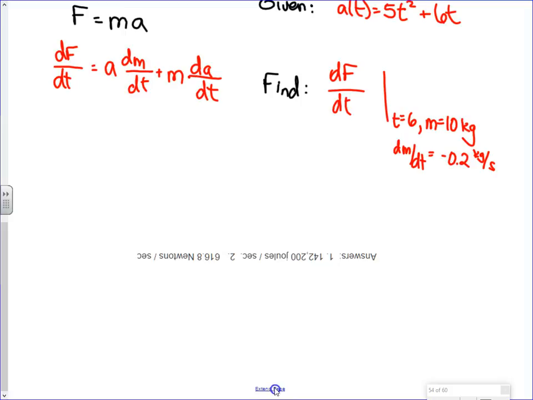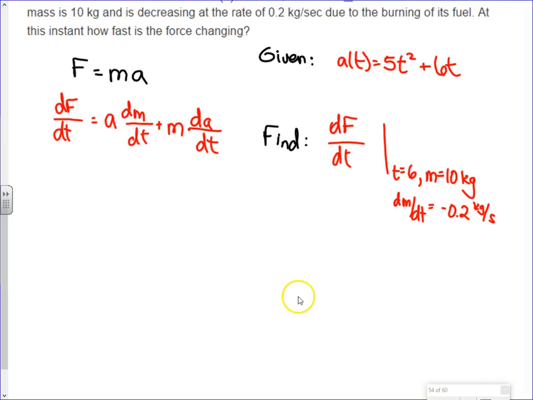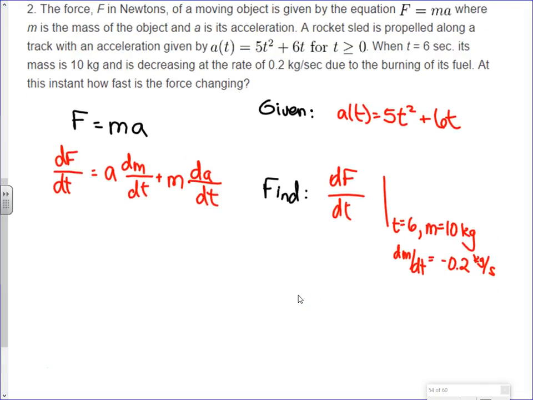With all of that, we can go ahead and start plugging in. You could say acceleration at 6 seconds, we'll get that in a second. dm/dt is equal to negative 0.2 kilograms per second plus our mass is 10 kilograms. How do we do d/dt, A prime of 6?